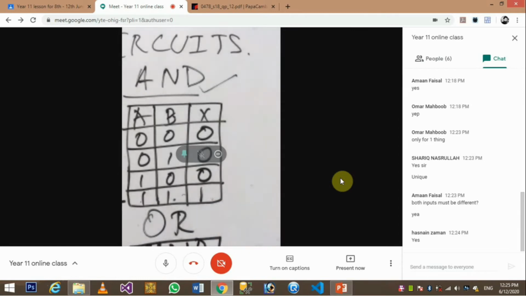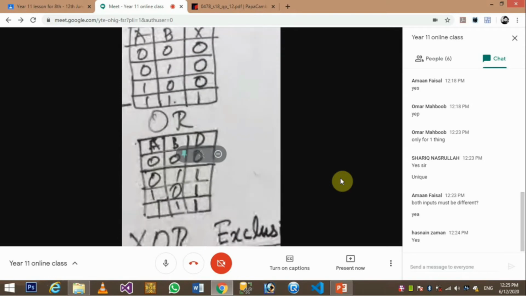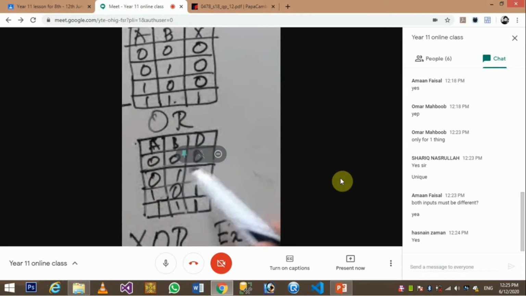If we come to the OR gate, it says either of them is 1, so the output would be 1. Here this 1 is on and here 1 is on, but here both inputs are on, so the output is on. That's right in OR gate. But if we look into the detail, the last one, 1 1, also satisfies the condition of AND. Yes or no?